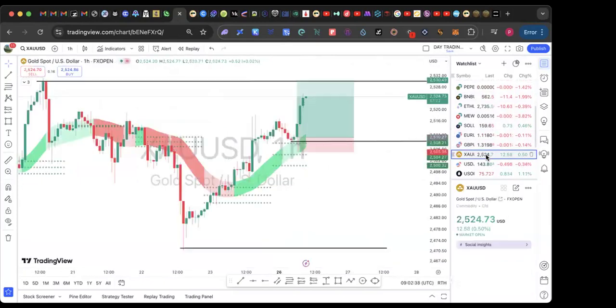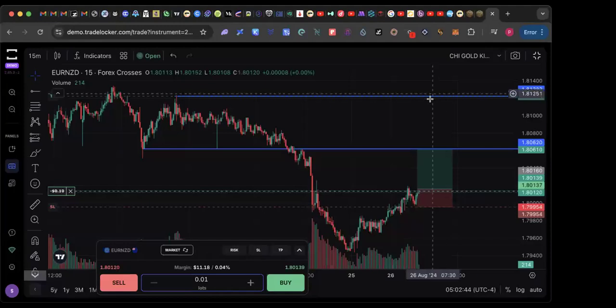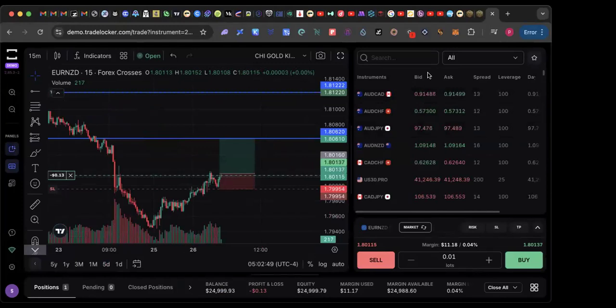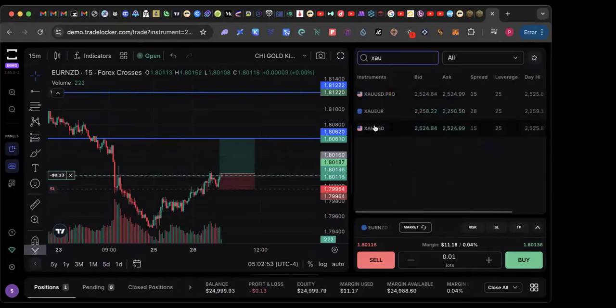Okay, so gold should be going in my direction, right? So I'm already on the gold, so there's no point in me opening another trade in the middle of nowhere. XAU, that's gold.